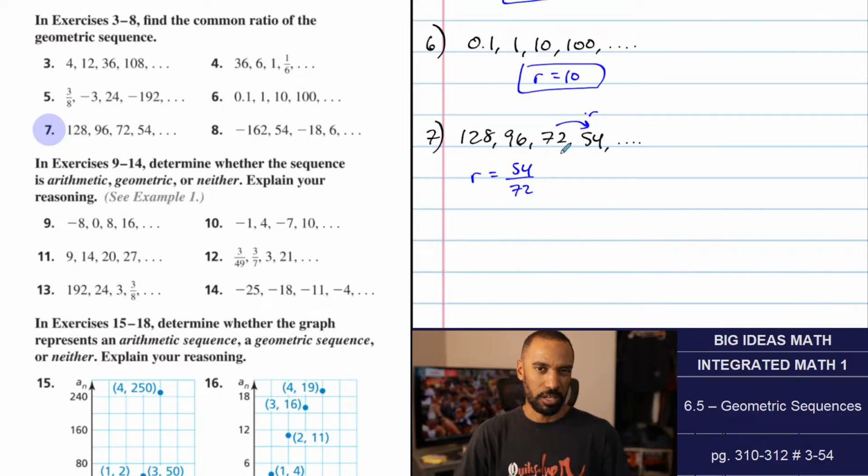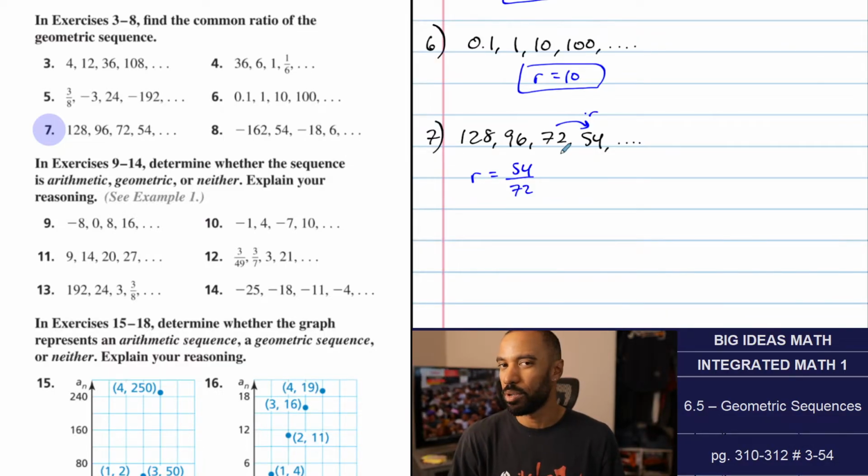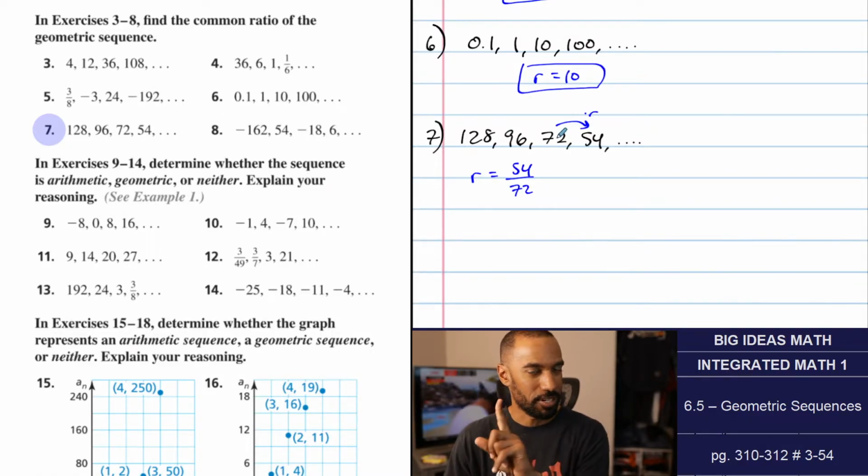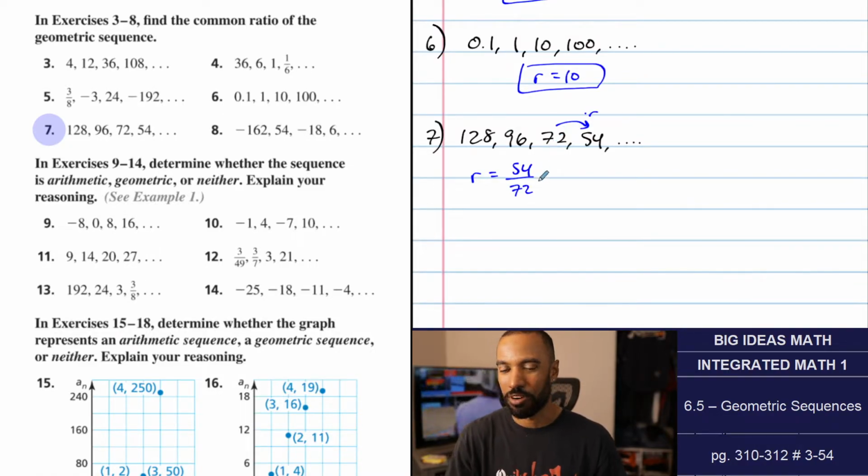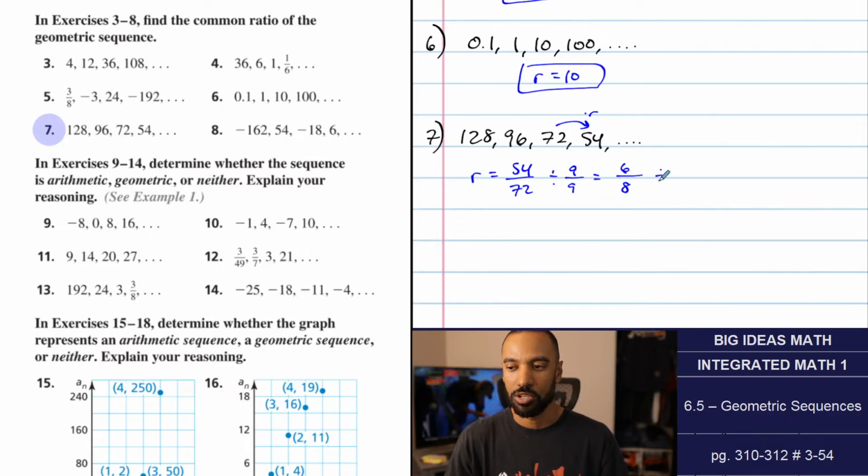Don't go to the calculator really right now. I'm telling you this is probably a repeated decimal. Actually, this one's not a repeated decimal. I take it back. But let's just go and do fraction reduction. Maybe you know they divide by 9. And then you get 6 over 8. And 6 over 8, you divide by 2, and you get 3/4. 3/4 is the common ratio here.